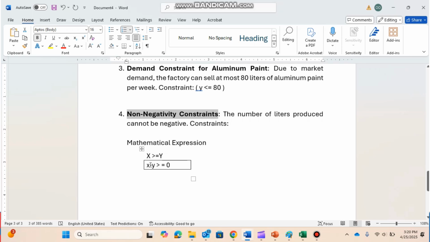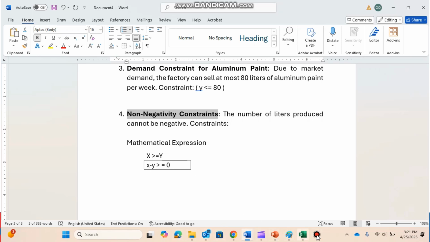So the coefficient of x here is 1 and the coefficient of y here is minus 1.